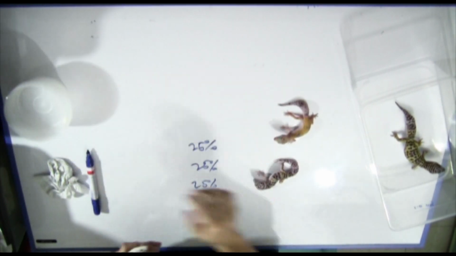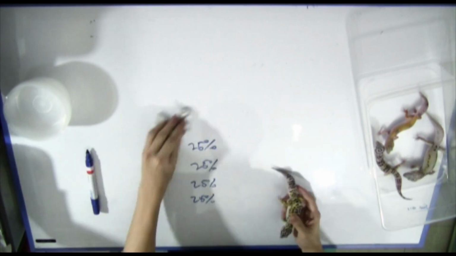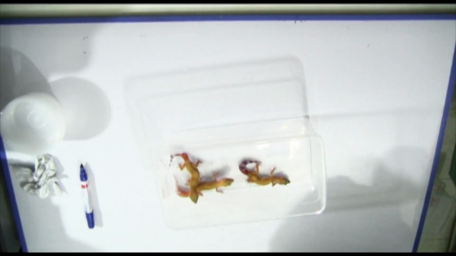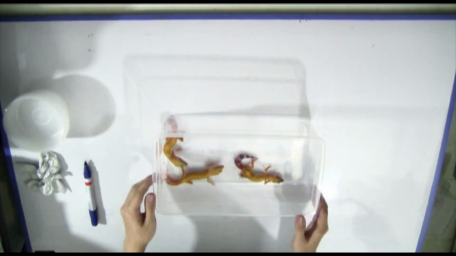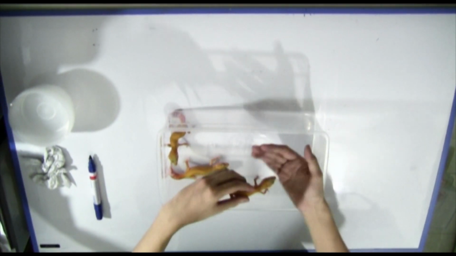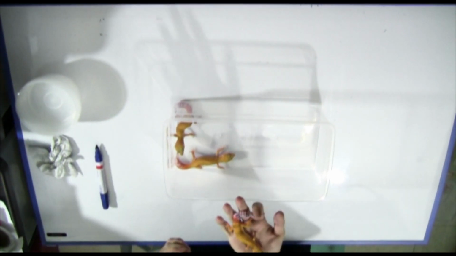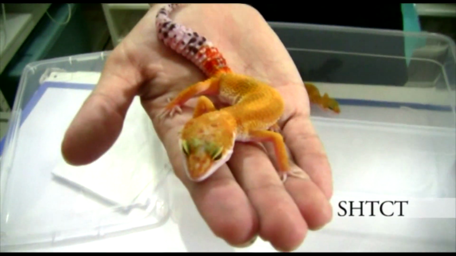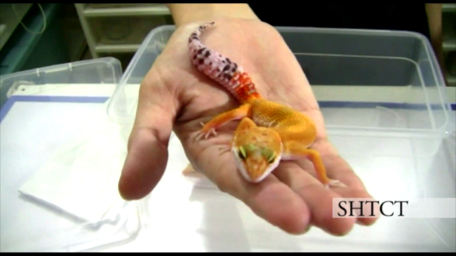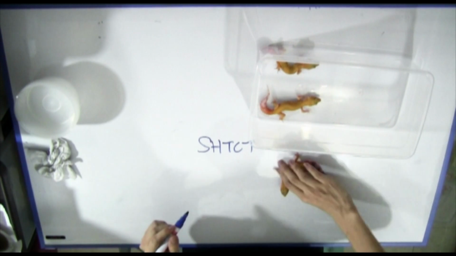Okay, now that we have done with this complex, let us now move on to one of the most popular morphs in Malaysia. Okay, now we have tangerines, and as you would know, this is a very familiar looking, ouch, this is a tangerine, this is a super hypo tangerine carrot tail, or in short we call them SHTCT, super hypo tangerine carrot tails.